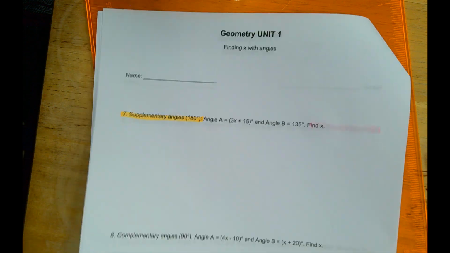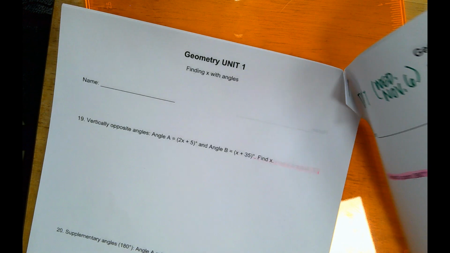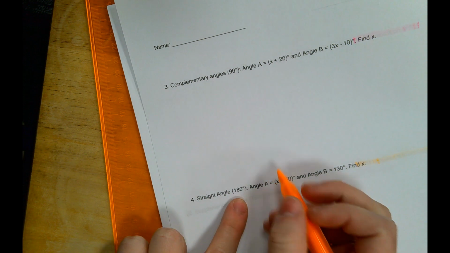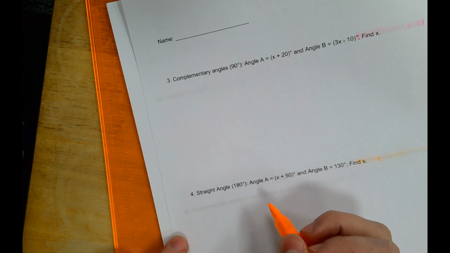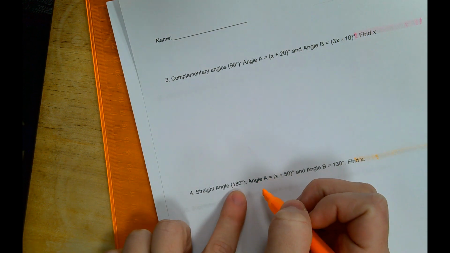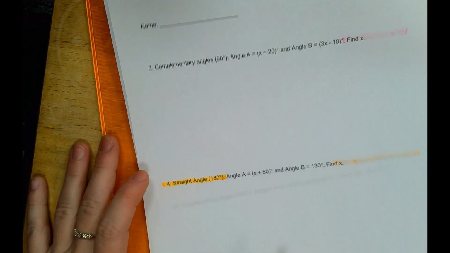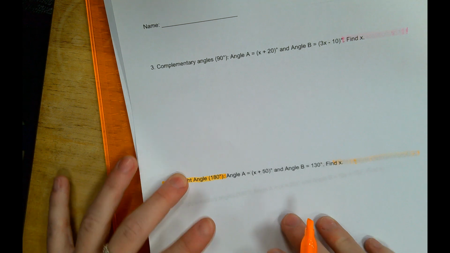Oh, we have 2 different kinds of 180-degree angles here, actually, because some of them are labeled supplementary and some of them are labeled straight angle. You see that? They both add up to 180. So like if we go back to number 4, we would want to highlight that one too in orange, since it also adds up to 180.